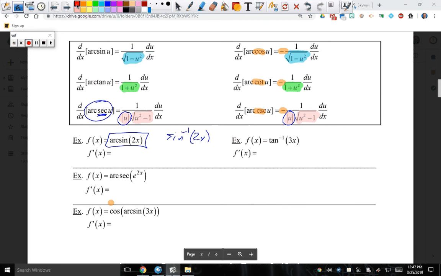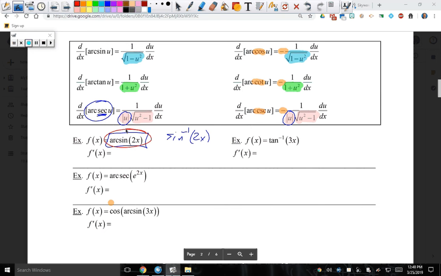Okay, so what is u? 2x. Okay. So if I'm looking at arc sine, is it positive or negative? Positive, because it's not a co. And is it u squared minus 1 or 1 minus u squared?